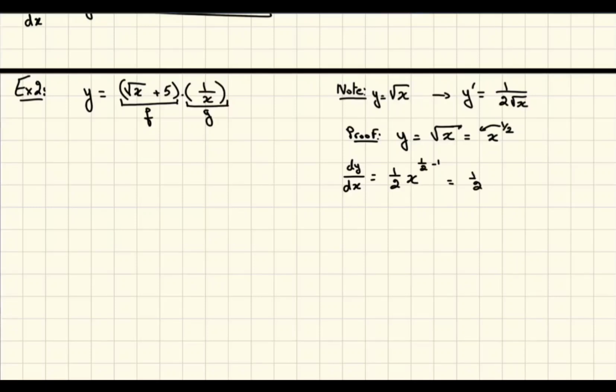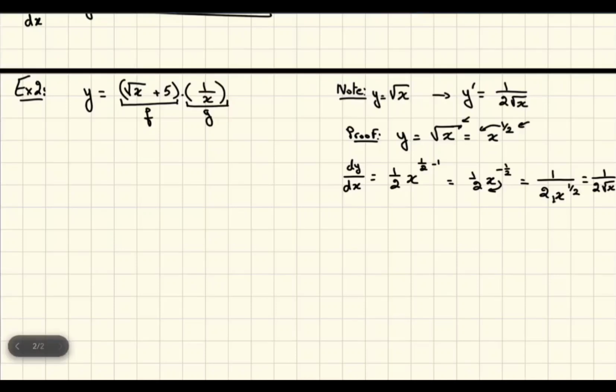So it becomes half x exponent negative half. We don't keep negative exponents, so we need to take it to the denominator. So it becomes 1 over 2x exponent half. As I just said before, the exponent half has the same meaning as the radical. So this will become 1 over 2, and the exponent half is only on the x, so it becomes radical x.